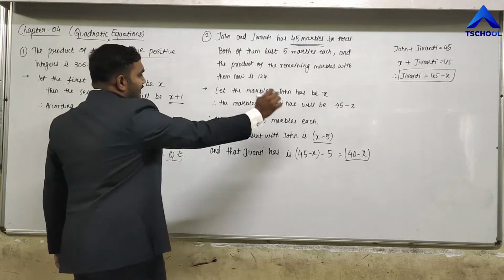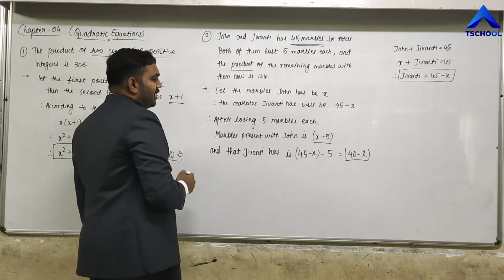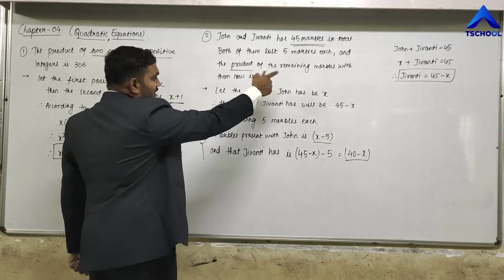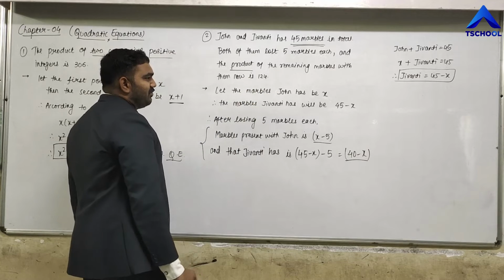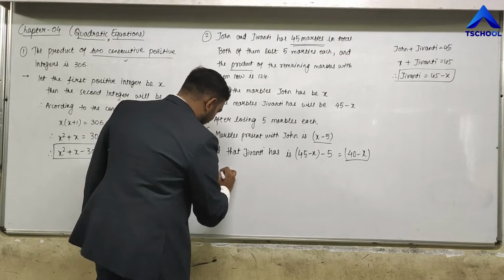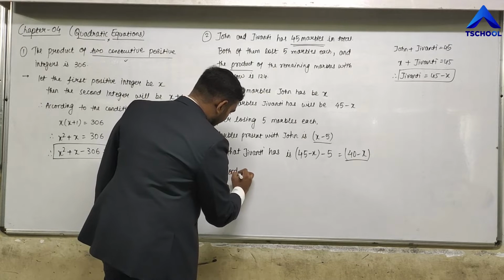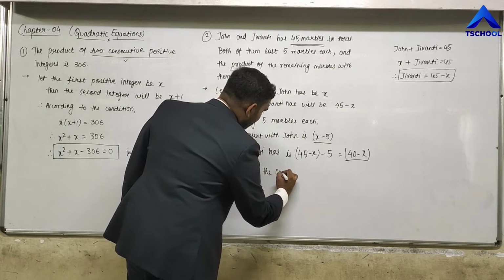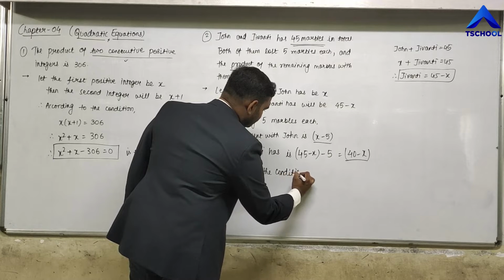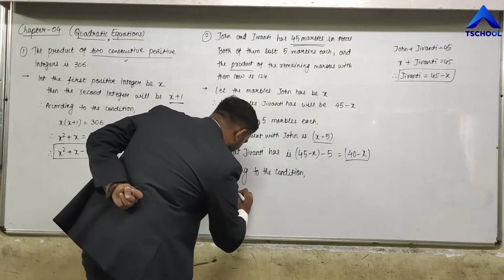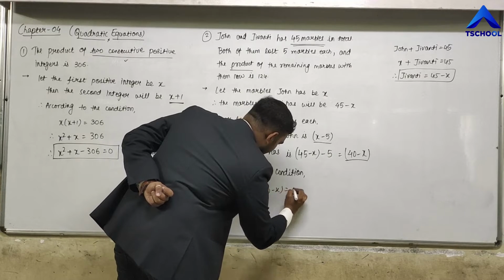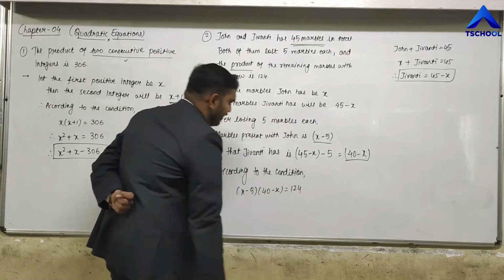Now according to the given condition, the product of the remaining marbles with them now is 124. So according to the condition, x minus 5 into 40 minus x is 124.